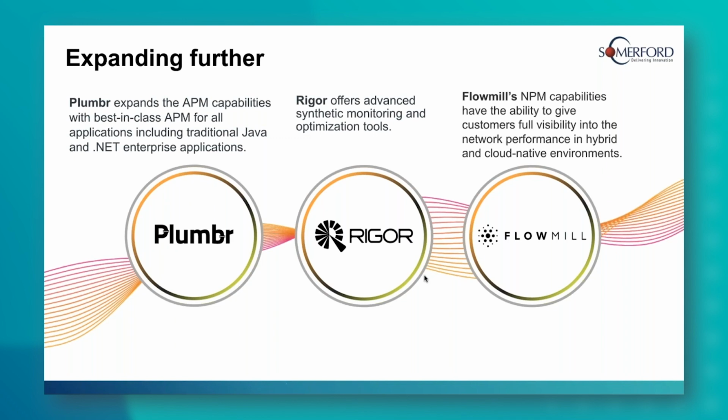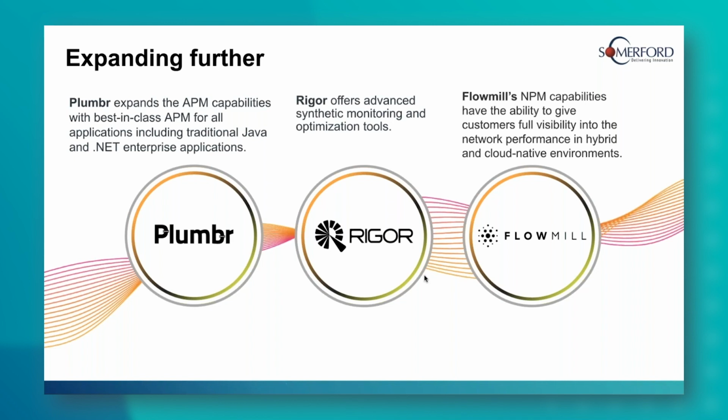And we go beyond that as well. Now, these are recent acquisitions, so it will take more time for Splunk to bring them in-house, and we'll go back to my earlier disclaimer about future-looking statements. But Plumber is an expansion of the APM capabilities. Rigor offers synthetic monitoring tools, and I believe is actually available now.